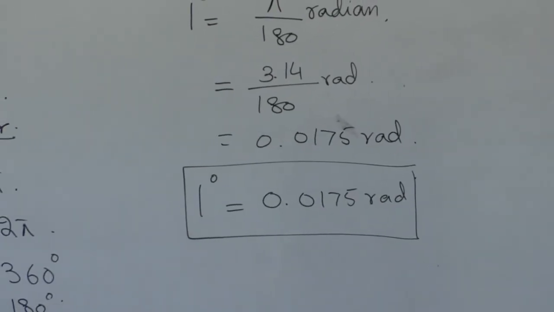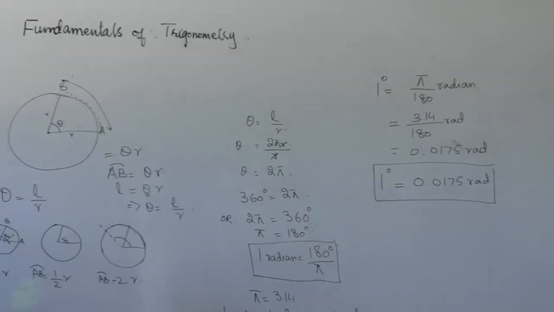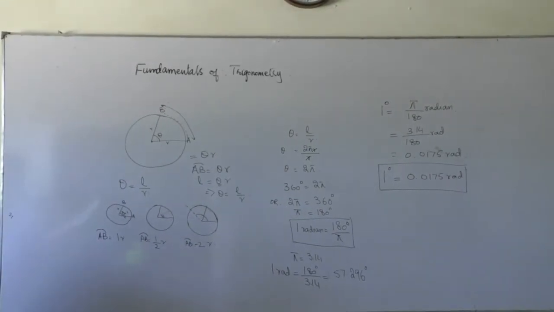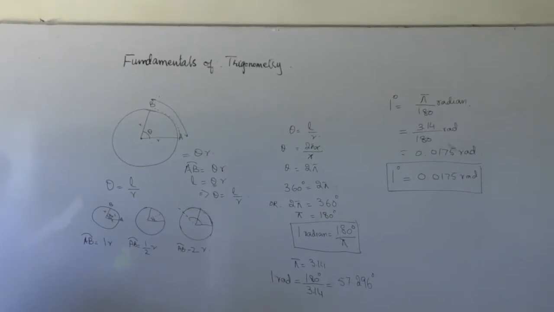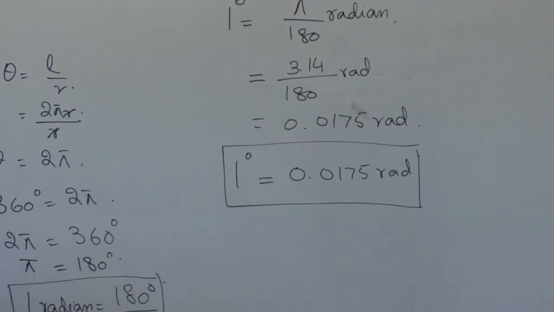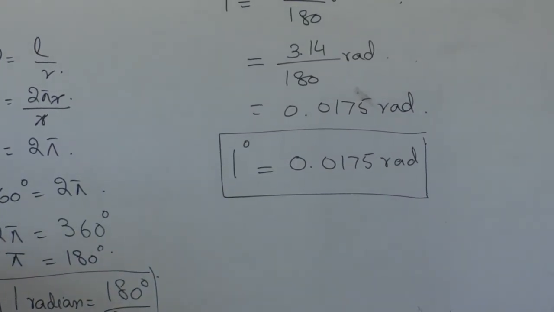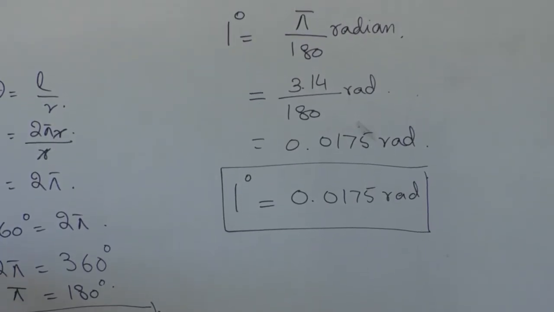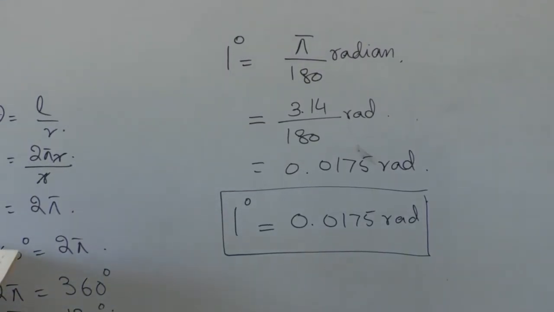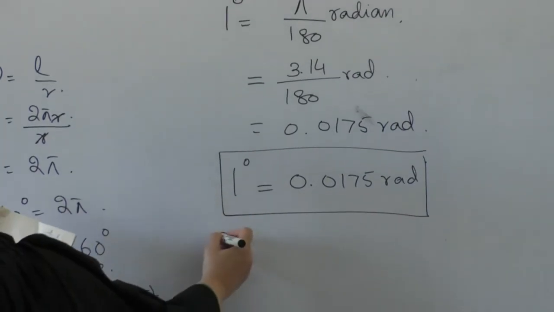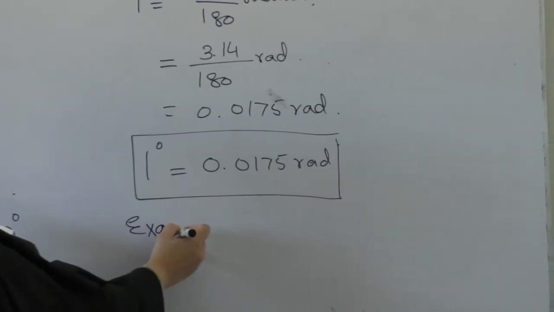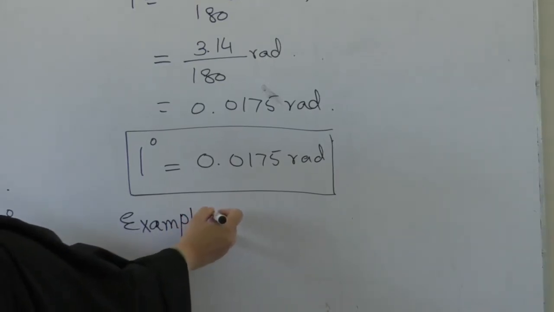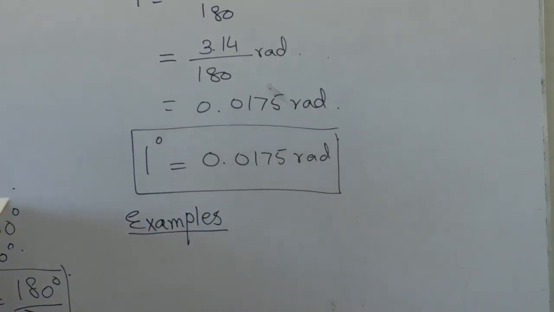So we will use these 2 when we need to solve questions. We use these 2 conditions in these 2 examples. Here is the example. With the help of these examples, you will get a clear picture.